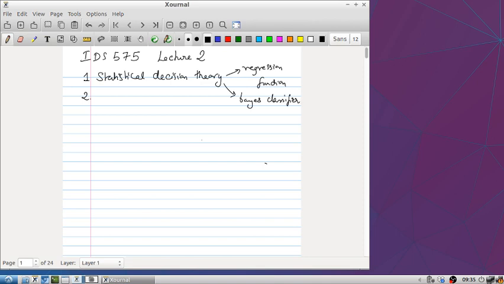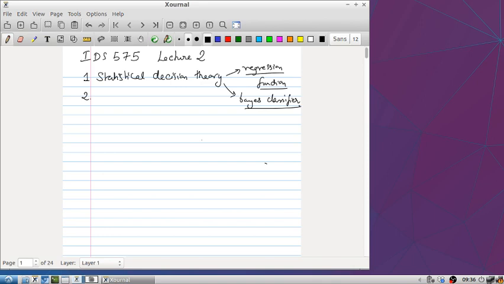Last time I tried not to use this word regression function because statisticians have used it for something specific, and we'll see what that specific object or quantity is. These two concepts are, in some sense, the best regression models and the best classification models.